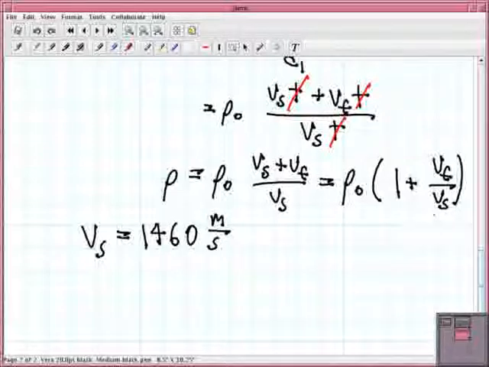So, to obtain a 1,000th change in density, to increase this by 1%, Vf would have to then be what?